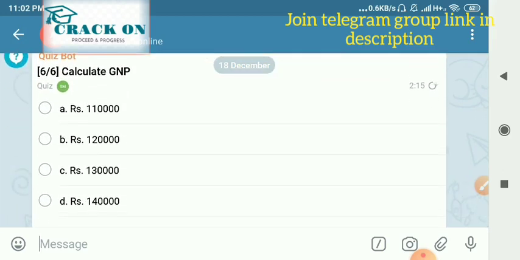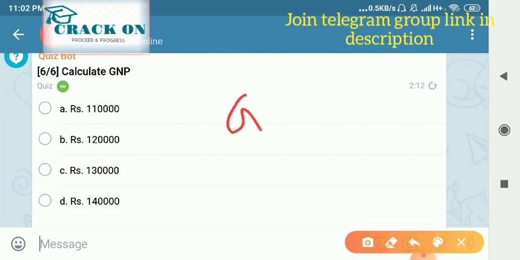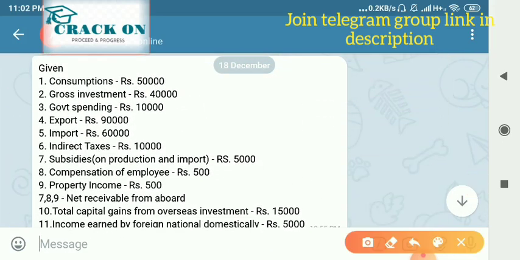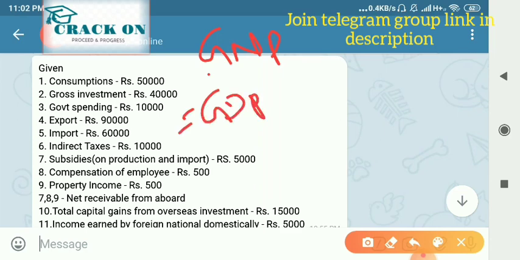So next one is we need to calculate GNP. What is the formula for the GNP? Let me show you here. These are the things we need to calculate GNP. The formula is GDP plus NR into total capital gains from overseas investment minus income earned by foreign nationals domestically.